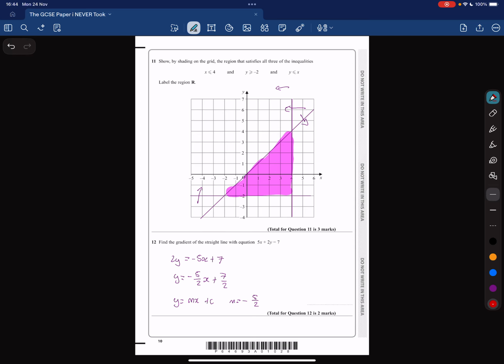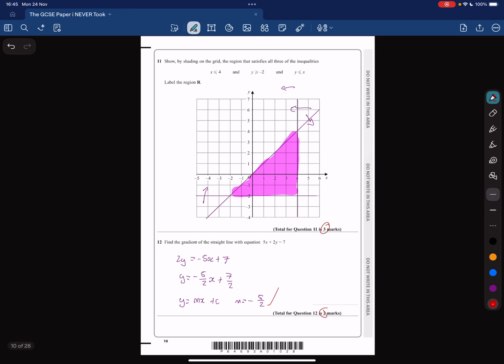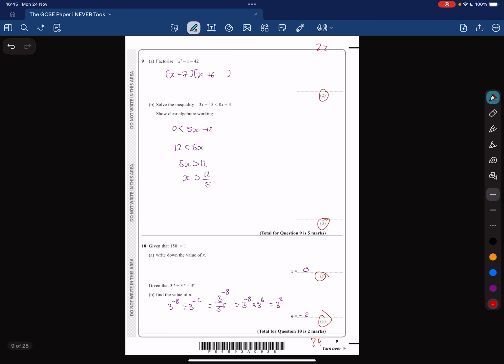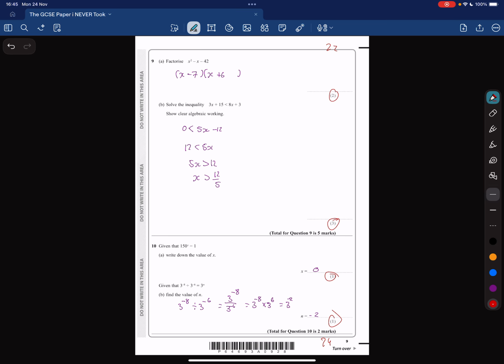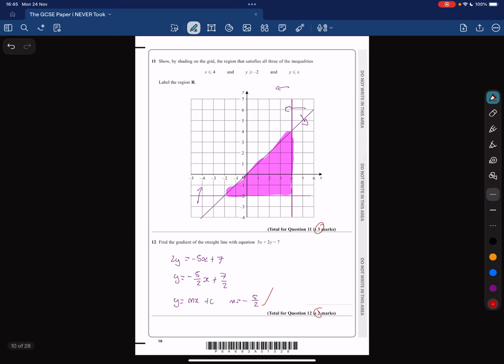This is 11 now. Yeah, this is right. 11 minus 2.5 minus 5 over 2. Yes. Yep, that's right. 2. So, sorry. 27, 28, 29.